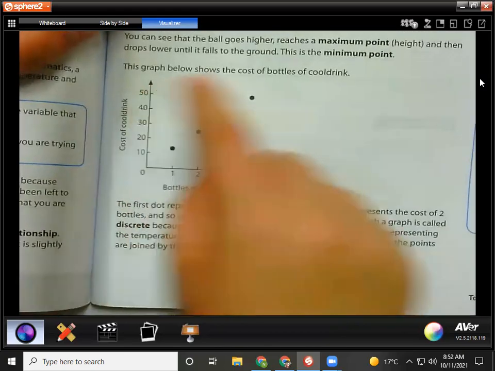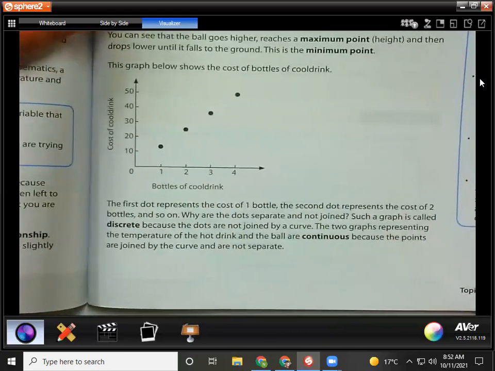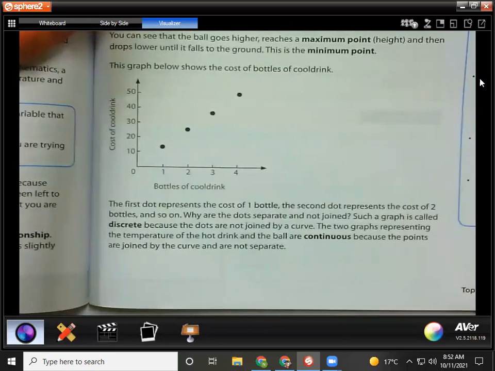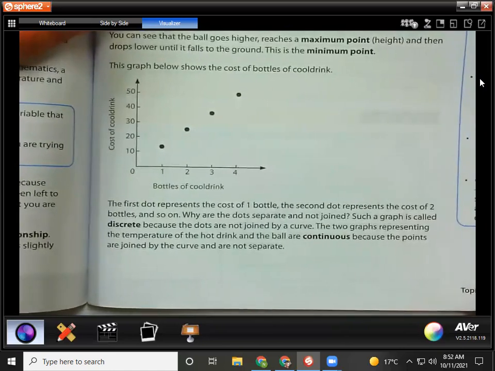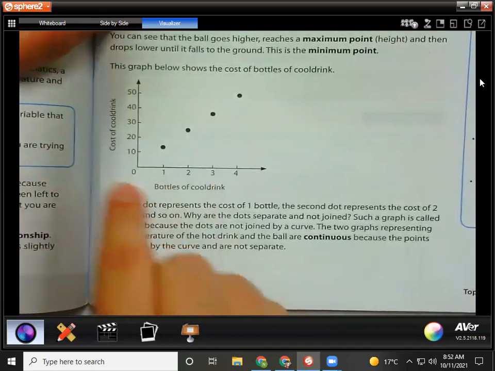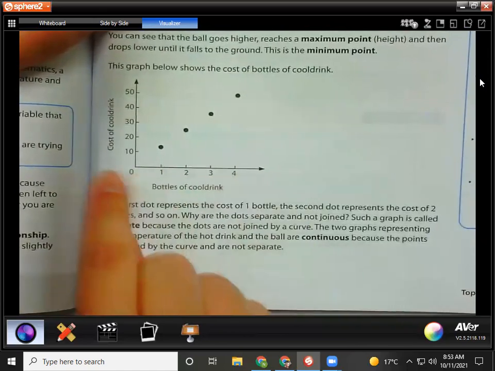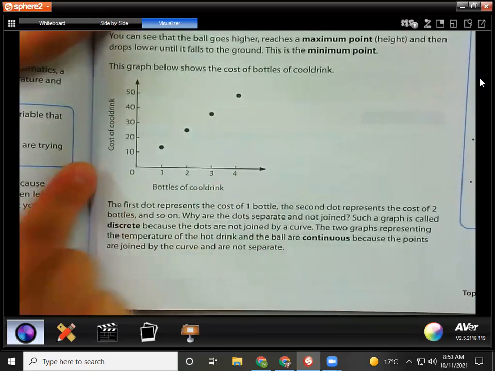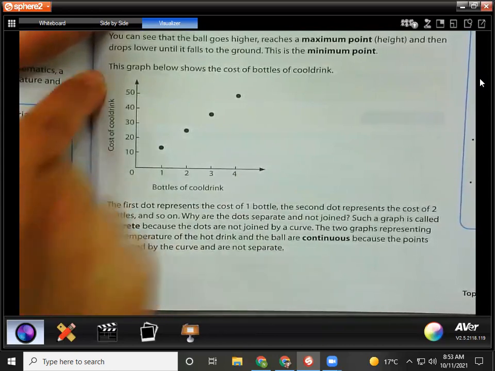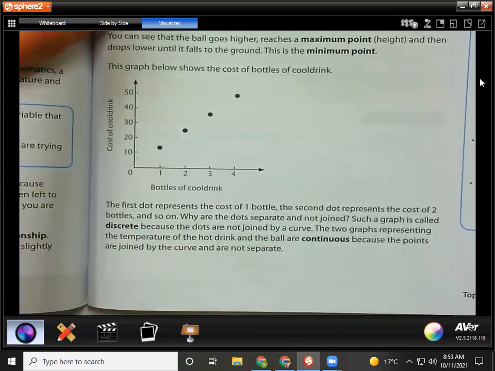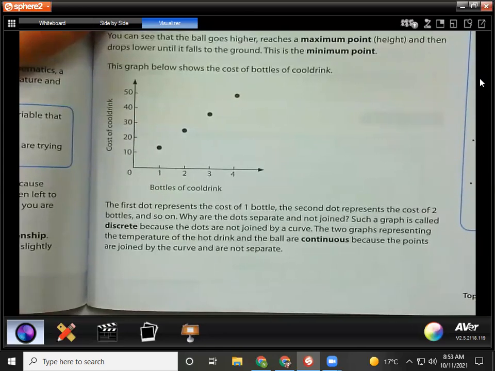This graph below shows the cost of bottles of cool drink. Now this one is maybe a bit more difficult to figure out which is dependent and independent. Let's just talk about it. Bottles of cool drink, you have 0, 1, 2, 3, 4, and then cost of cool drinks. Guys, does it make sense that if you are buying more bottles, the cost is going to be higher?